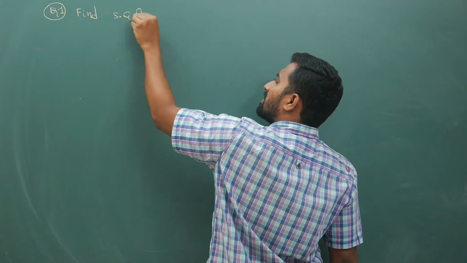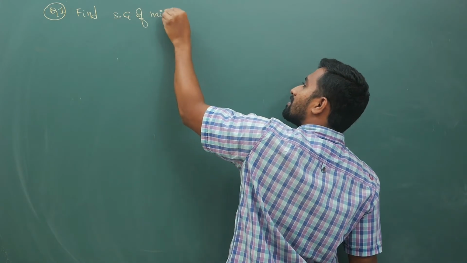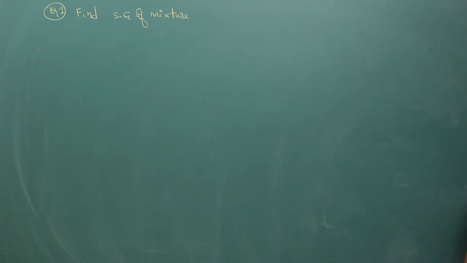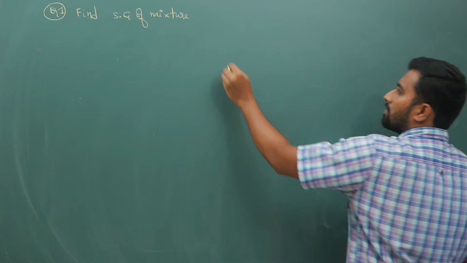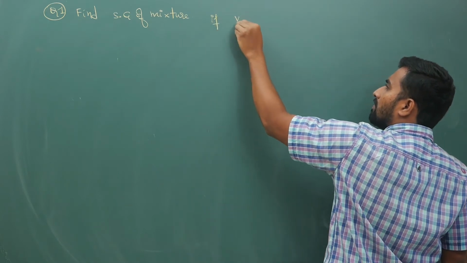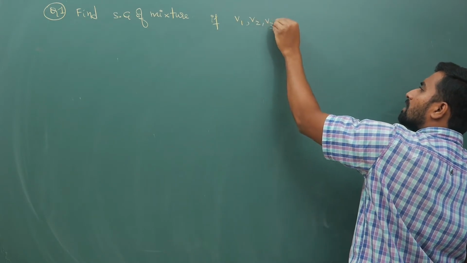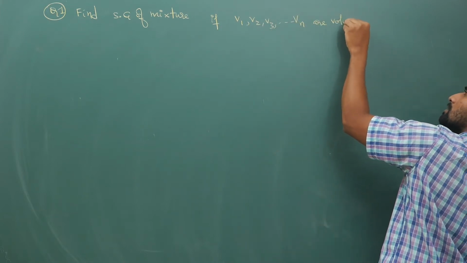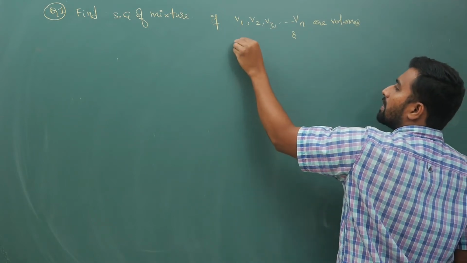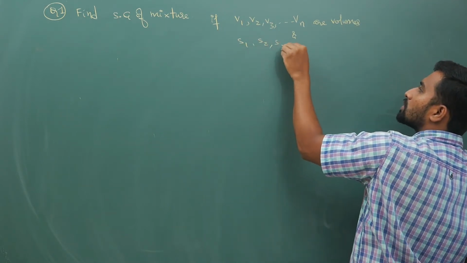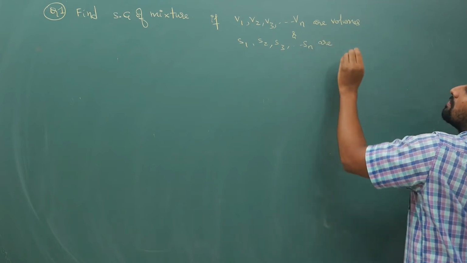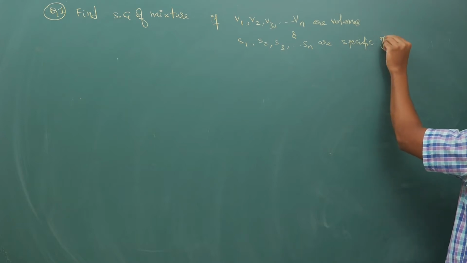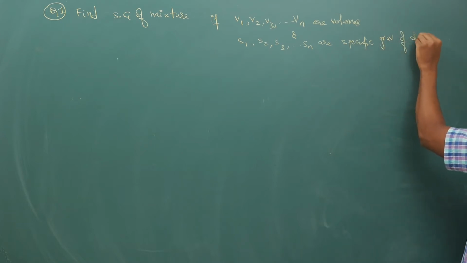Find specific gravity of mixture, if V1, V2, V3 and so on up to Vn are volumes and S1, S2, S3 and so on up to Sn are the specific gravities of different liquids.